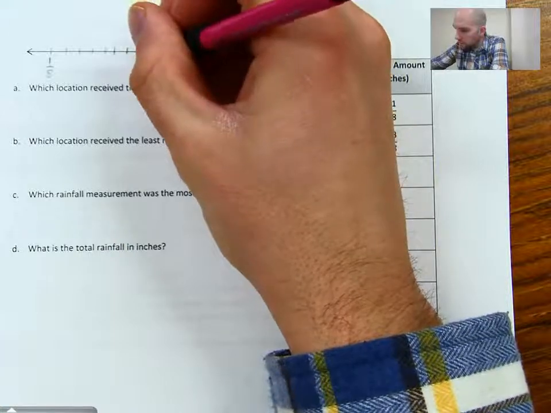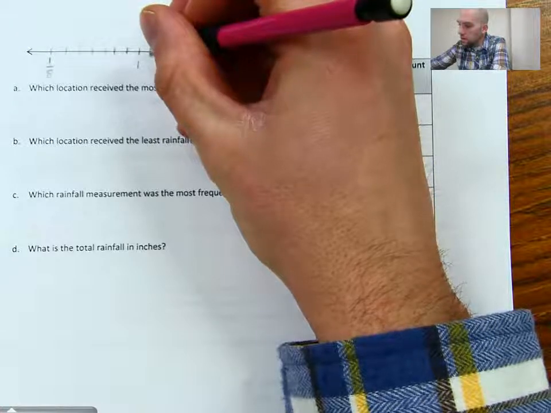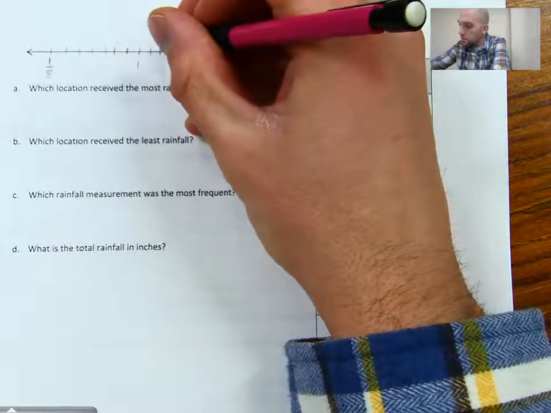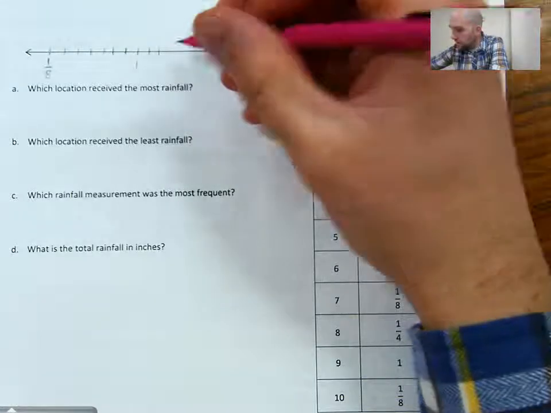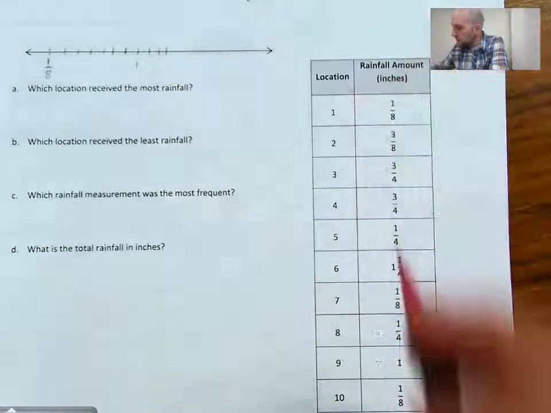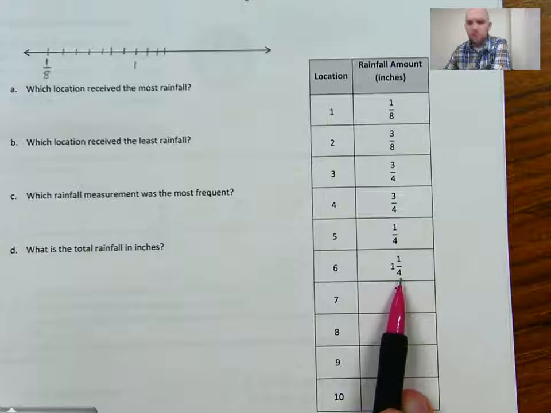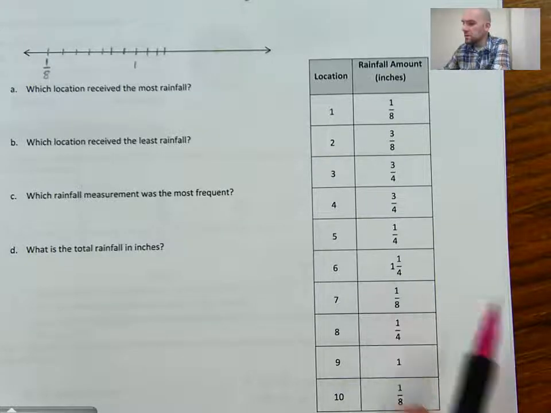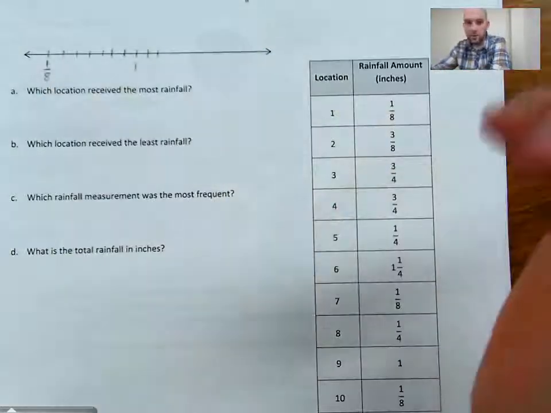I'm going to label 1 here. 1 1/8, 1 2/8, 1 3/8. And I'm going to look for my biggest number here. Oh, 1 1/4. Well, I know 1 1/4 is the same as 1 2/8. So I really don't even need to go to 1 3/8. And I probably could have stretched this out a little bit further, but I wanted to make sure that I had enough room.